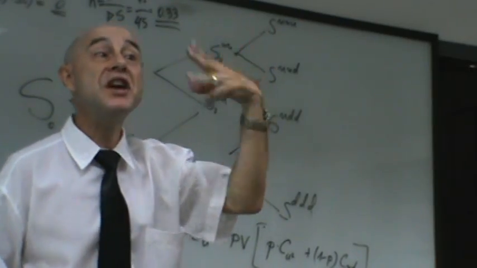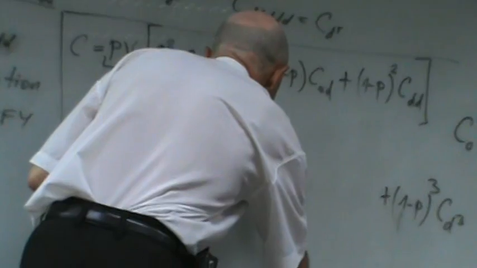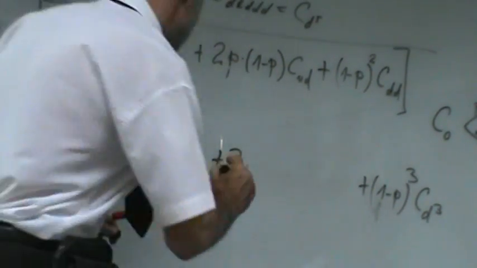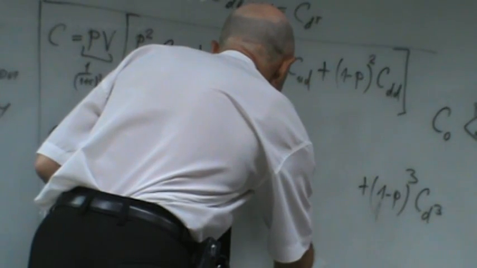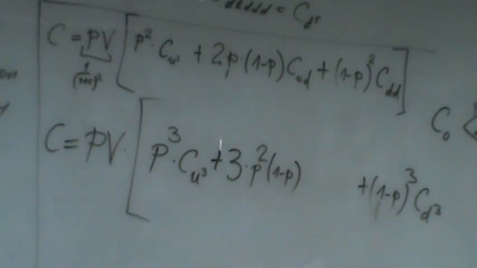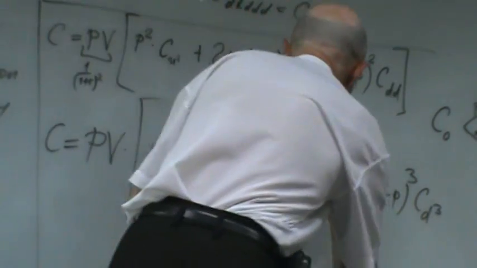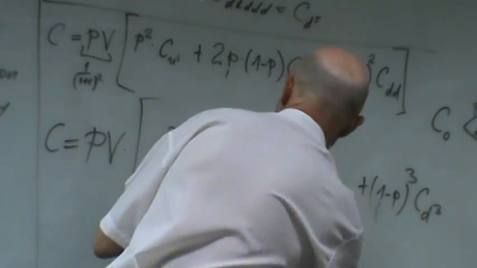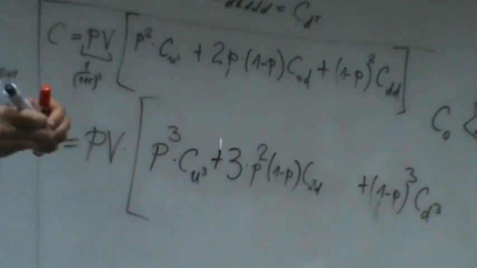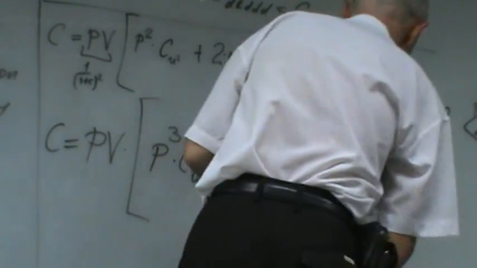So it's going to be plus 3 times P squared (1 minus P) times C_uud, and I gotta delete this.